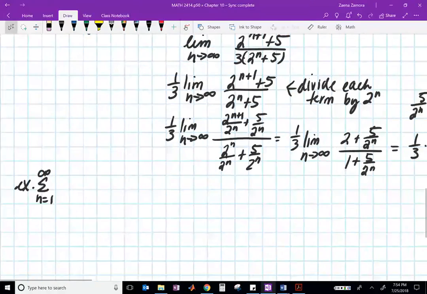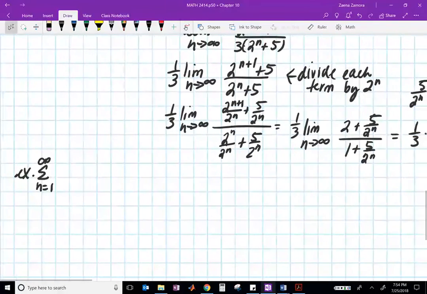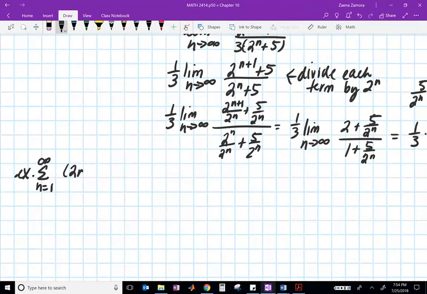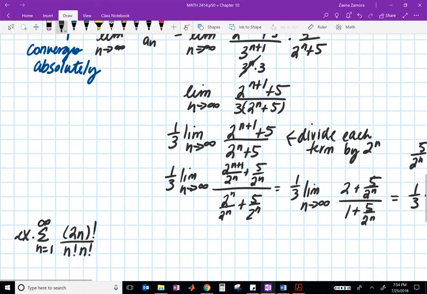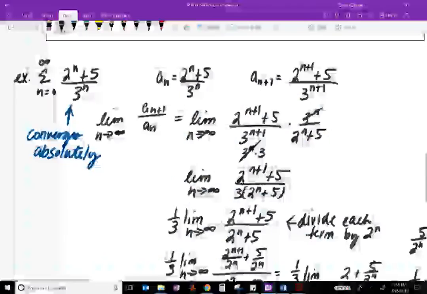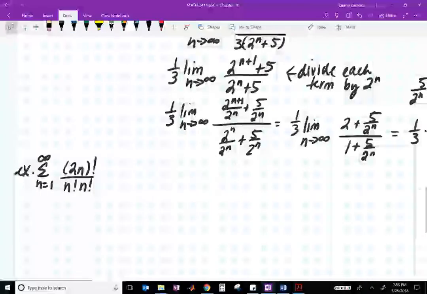All right, let's try this one here. This is a little bit more complicated. 2n factorial divided by n factorial times n factorial. All right, so my a sub n, again, I'm going to use this ratio test to help solve this one.